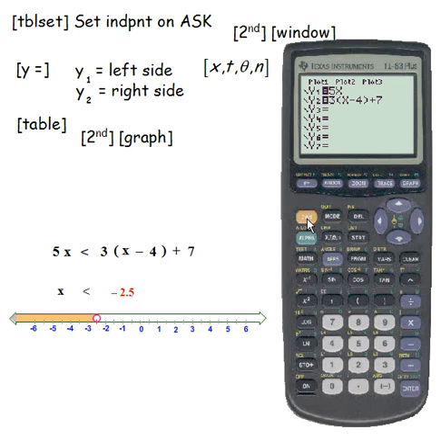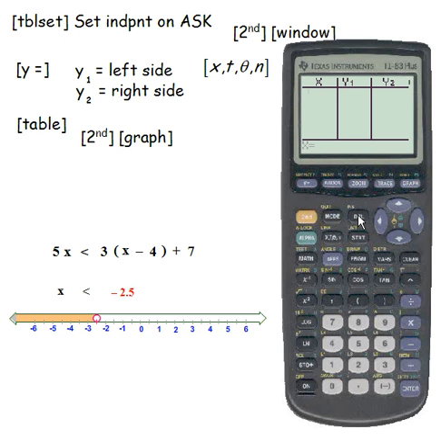All right, so I've got the left and right side entered, and now I'm going to table, which is hit second and graph because it's above the graph. Now there's already something in there from another problem, so I'm going to hit delete to get rid of it. All right, and now I'm going to enter 2.5, and that is where the circle is. And notice that is not part of our solution.